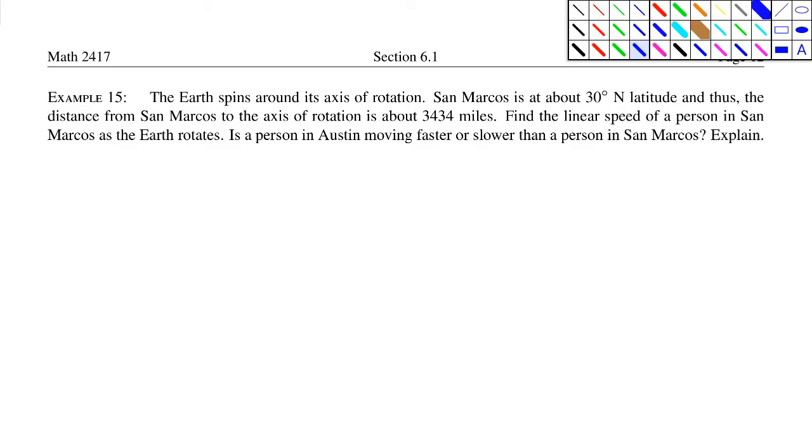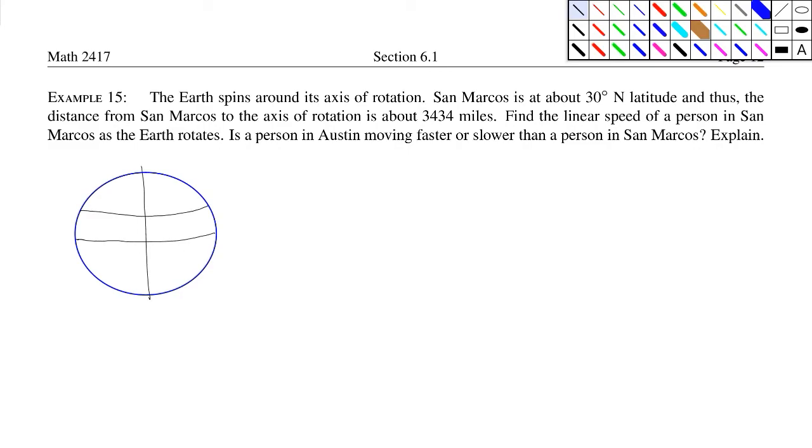All right. So let's draw the Earth. So here's the axis of rotation. And see if I can get a good Earth going here. Yeah, not bad. Okay, there's the Earth. And let's go ahead and draw in the equator, like so. And then I'm going to draw in the line of latitude for San Marcos.